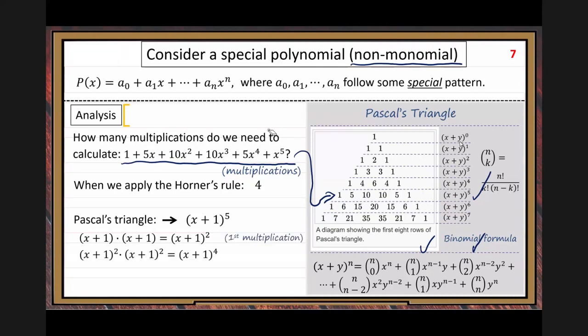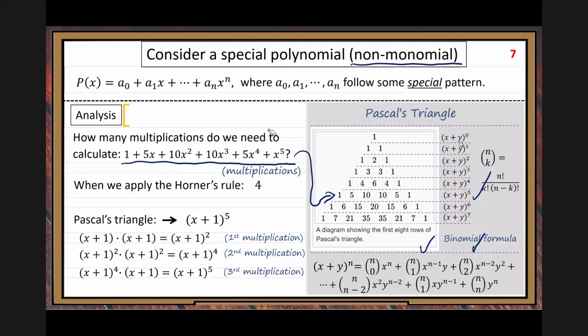Second, x plus 1 squared times itself, the second multiplication. Then x plus 1 to the 4th times x plus 1, the third multiplication. So we need a total of 3 multiplications. We can save 1.